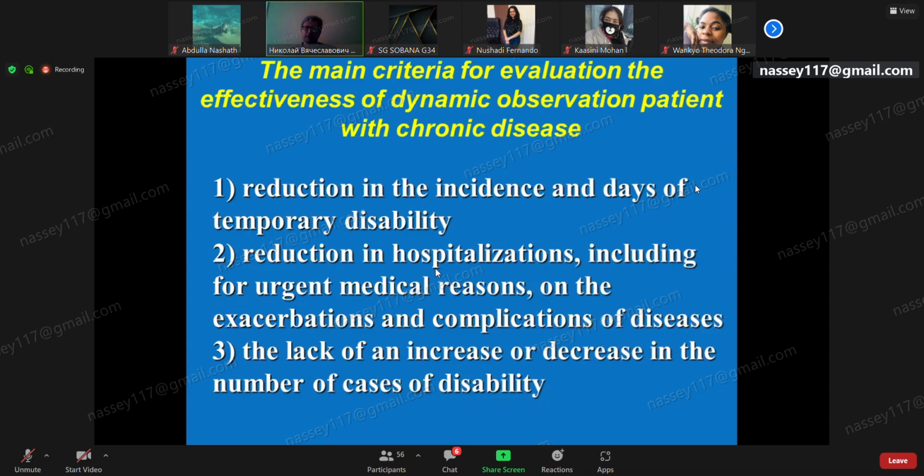A reduction in hospitalization cases, including hospitalization for urgent medical reasons, due to exacerbations and complications of diseases. Next criterion is the lack of an increase, or a decrease, in the number of disability cases.